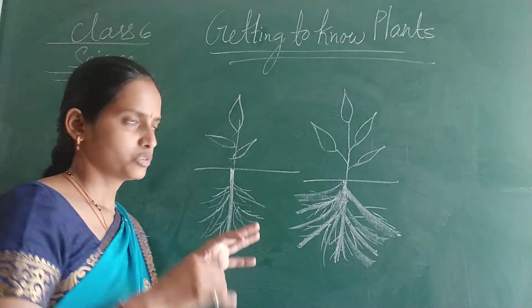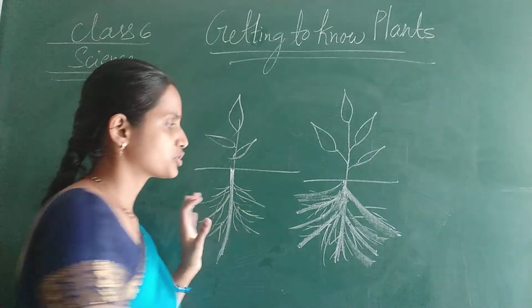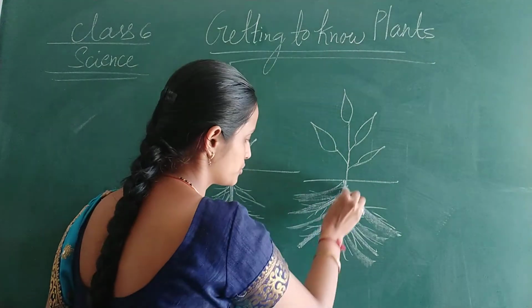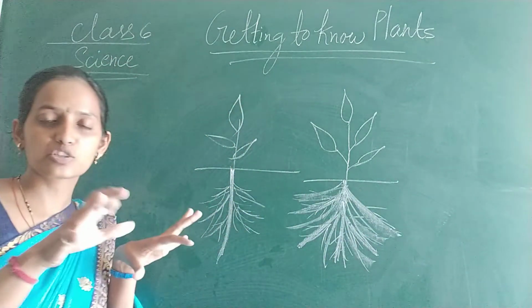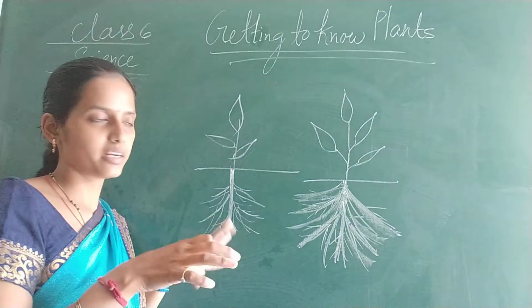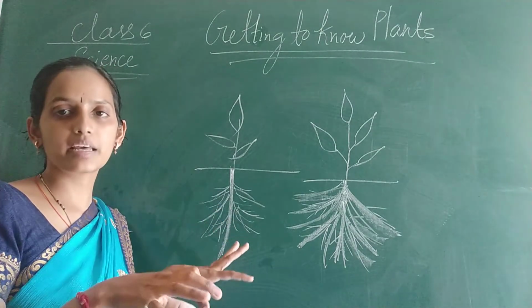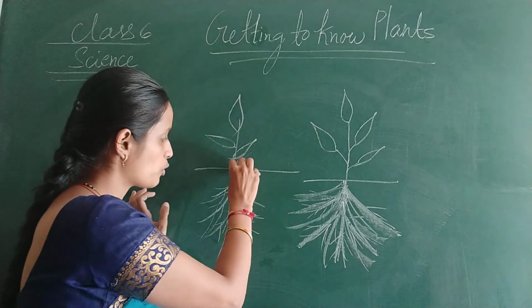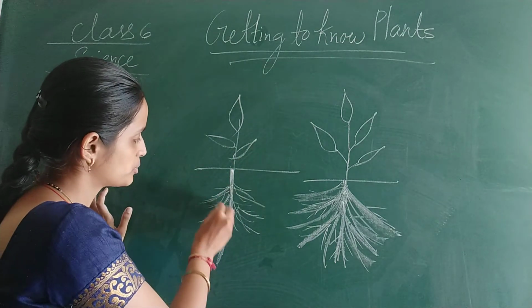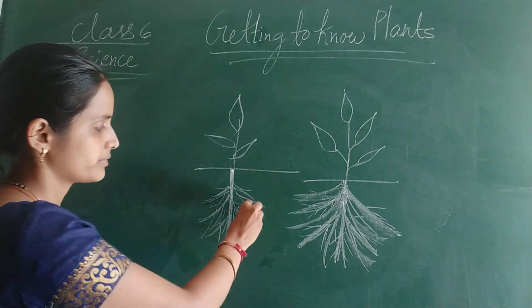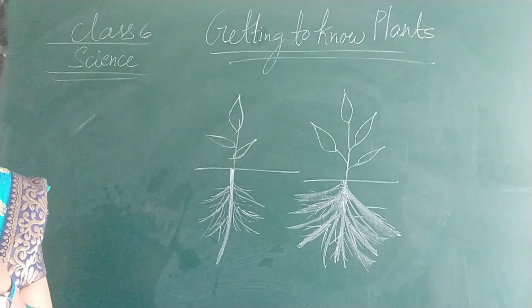Many branches of the roots you can see, 1, 2, 3, 4, 5, 6, 7, 8, 9, a bunch of roots with almost the same length. But in this you can see only one main root, and from there small roots are growing, which we call lateral roots.